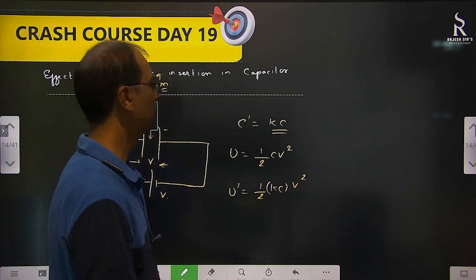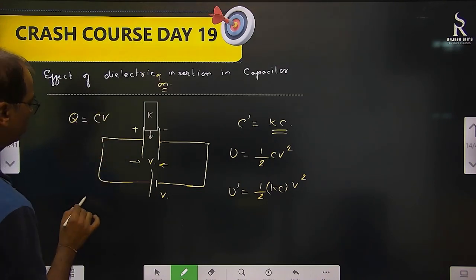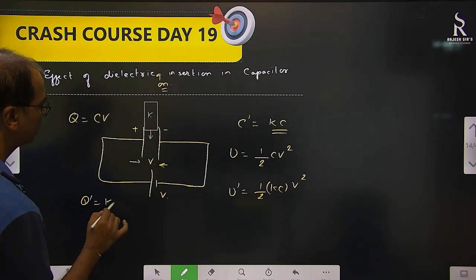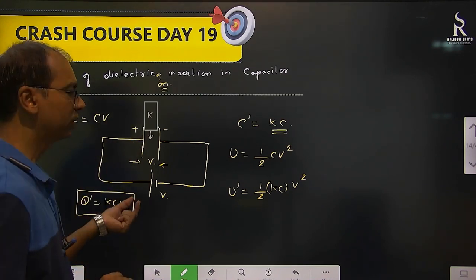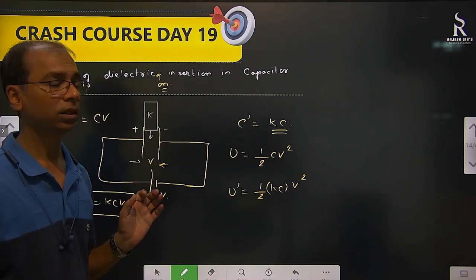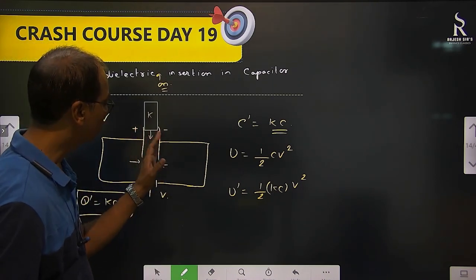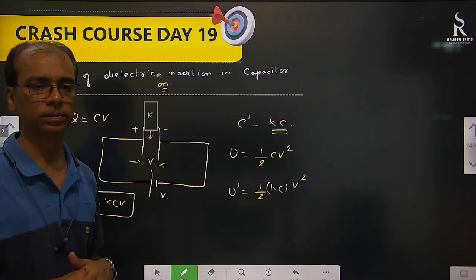How much is the charge? Earlier Q was CV, but Q dash is KCV. Because you are putting a dielectric, it can store more charge as compared to before. The reason is that it's difficult for these charges to move from here to here.